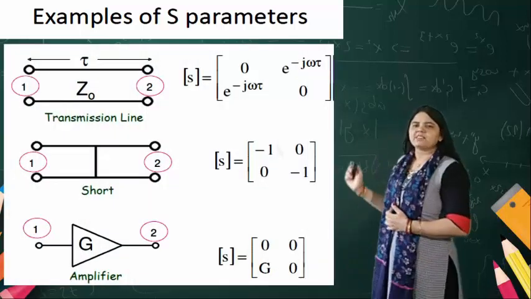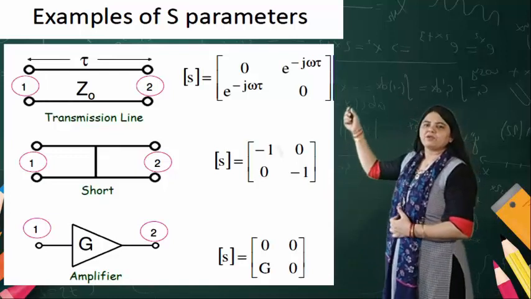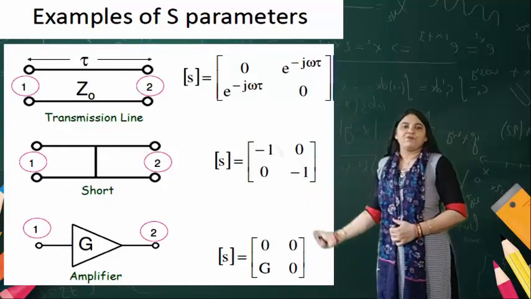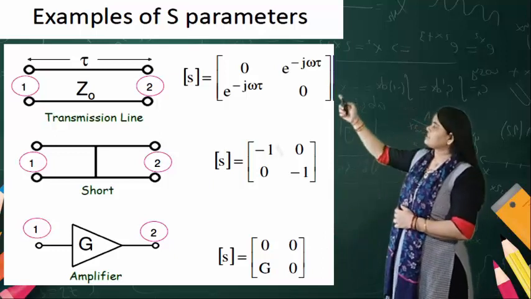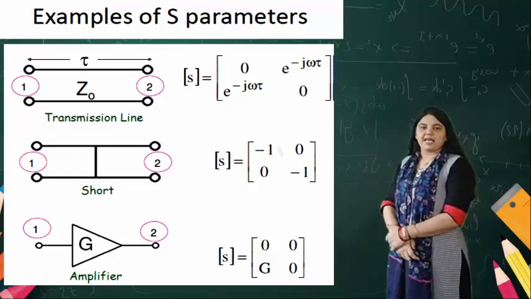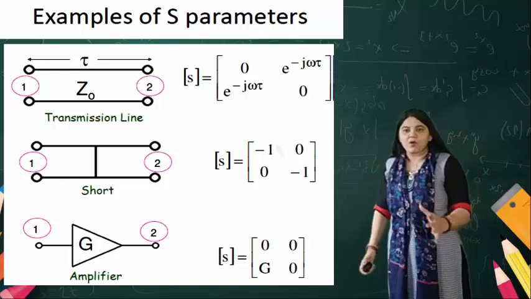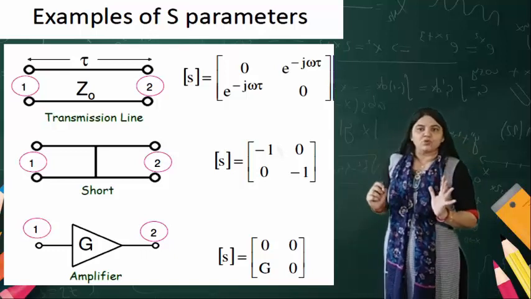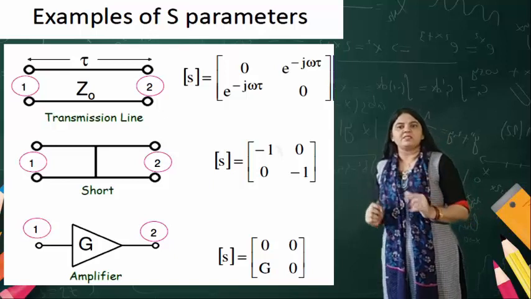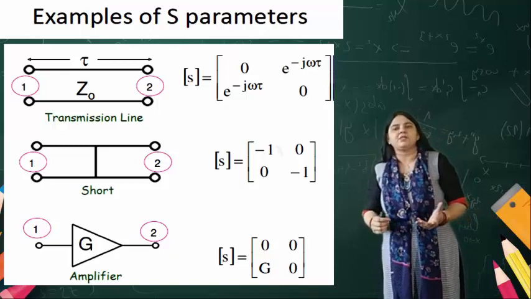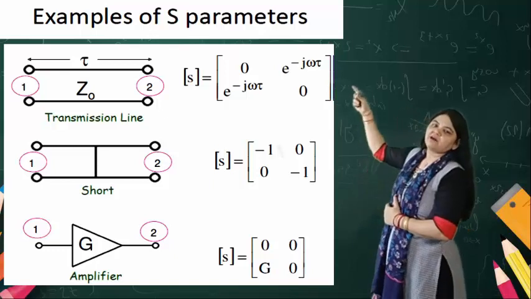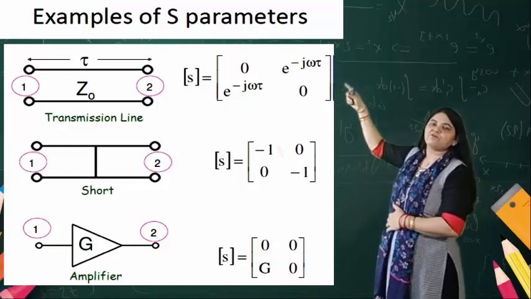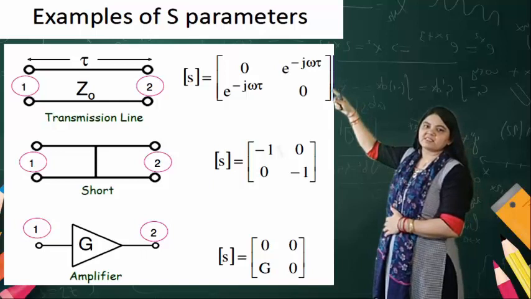Now here, for example, the S parameters are given for a few components. You can see in the first example, a transmission line is there, having port number 1 and port number 2, fine. The characteristic impedance is Z0. So by considering the equations, we can have the S parameter for that transmission line as this.